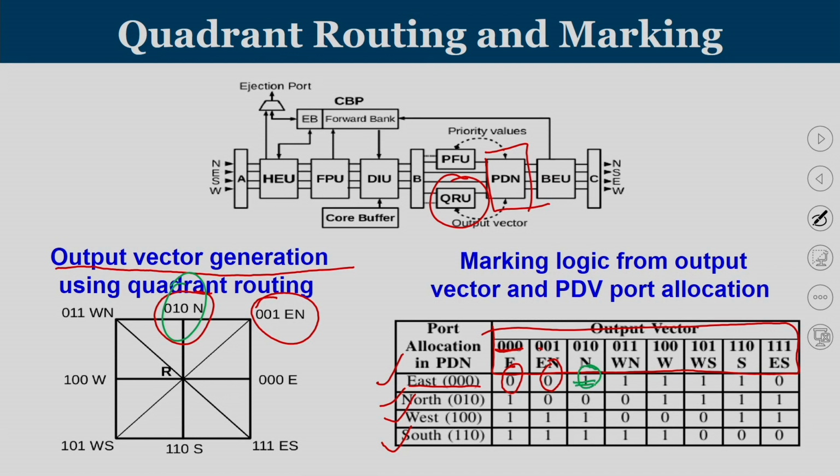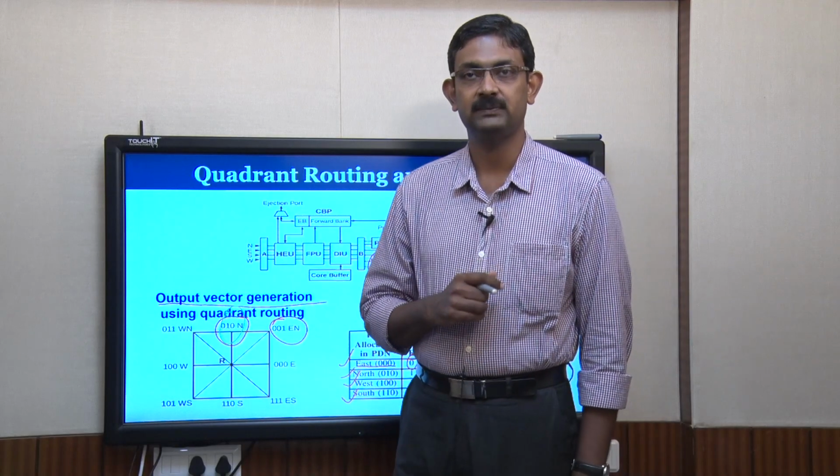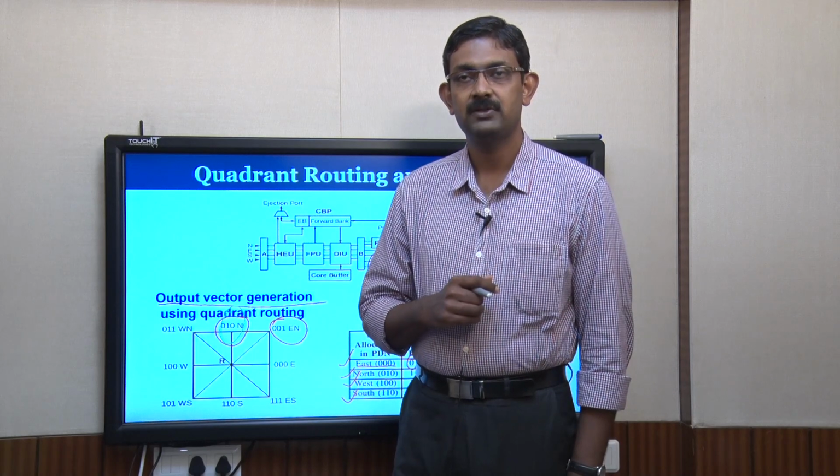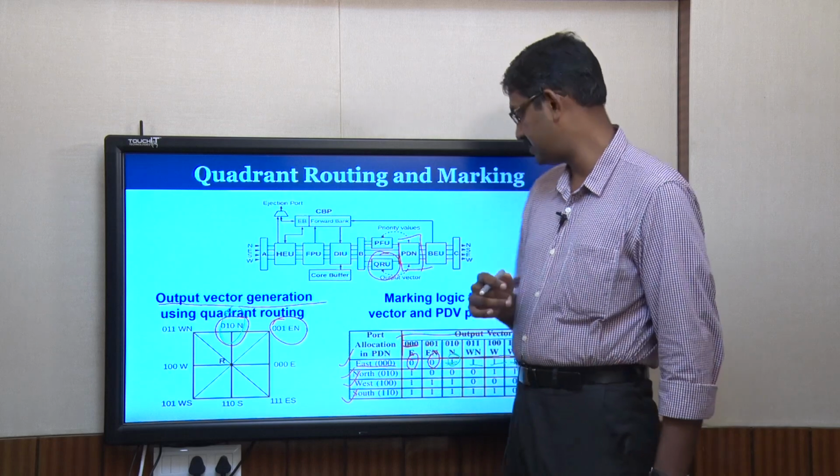Any 1 in this table indicates, and there are many 1s, you can find out from this table all the different combinations by which you get 1s and 0s. Any 1 that you get means that the flit is going in a non-productive direction. This in turn helps the next unit to take a good decision.